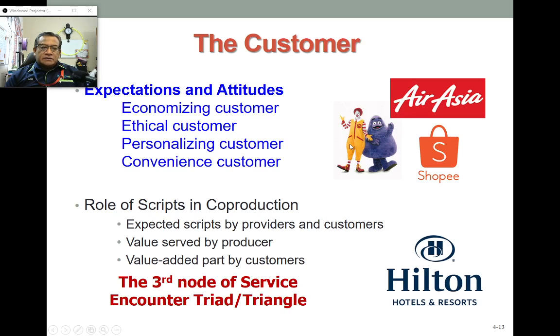McDonald's has a community program called Ronald McDonald House, which helps parents and family members who have a family member hospitalized. They cater for this kind of customer, so customers see McDonald's as a responsible service provider. As such, they tend to be loyal to McDonald's service.